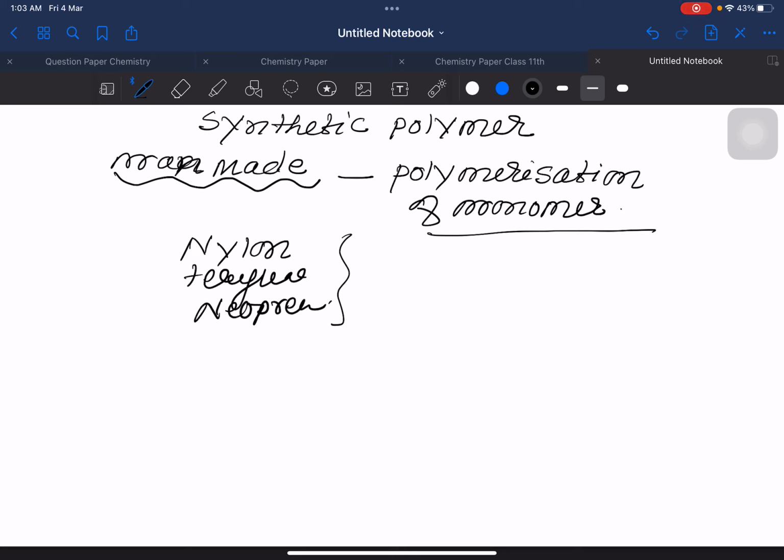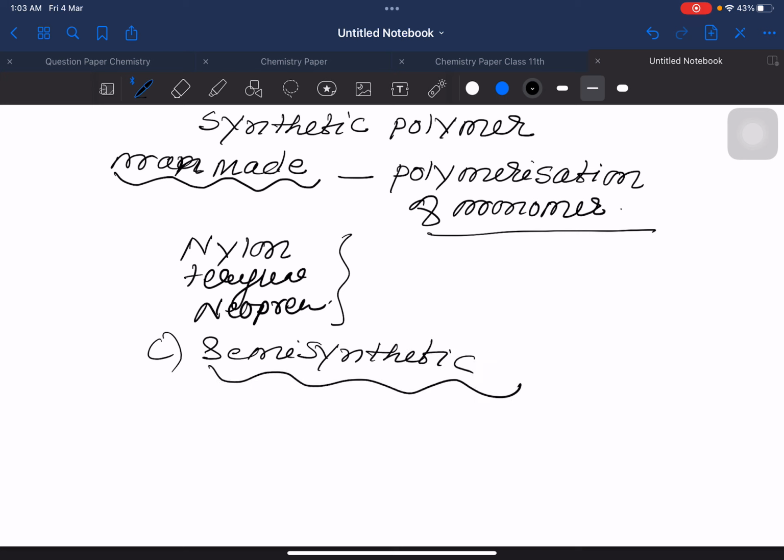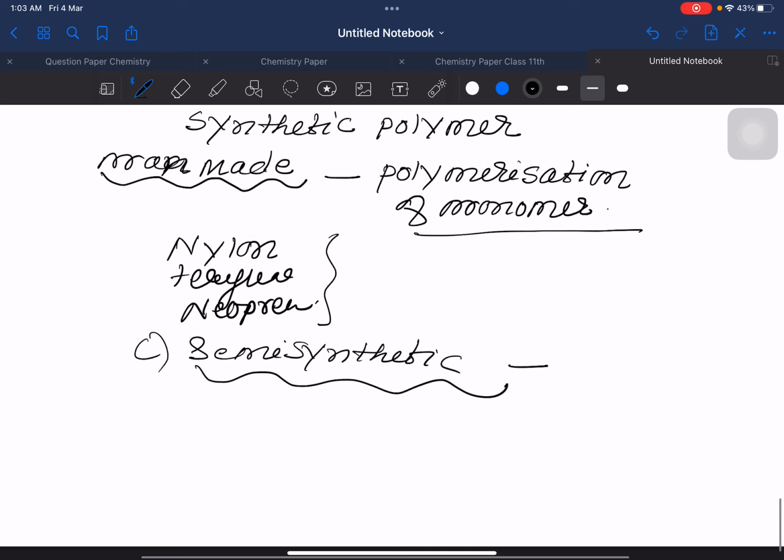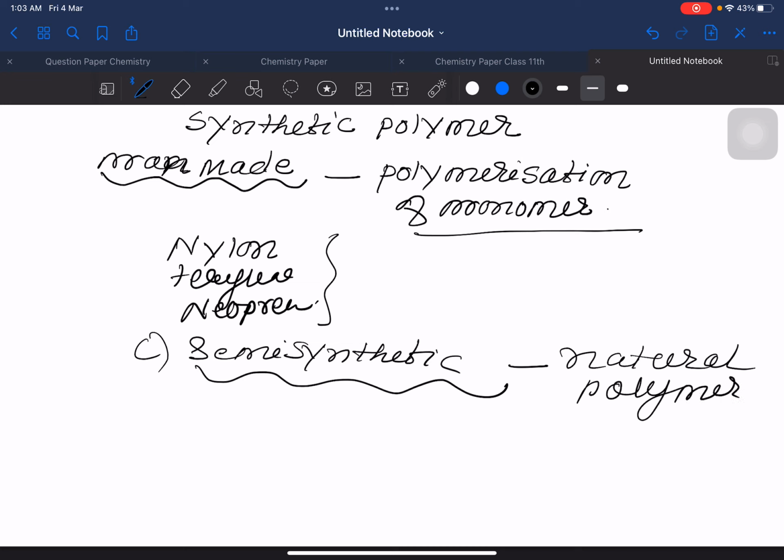Then the third one is semi-synthetic polymers. These are derived from natural polymers. They are also called regenerated fibers.